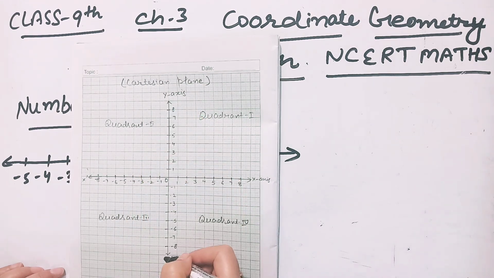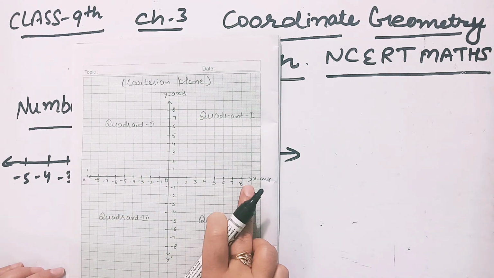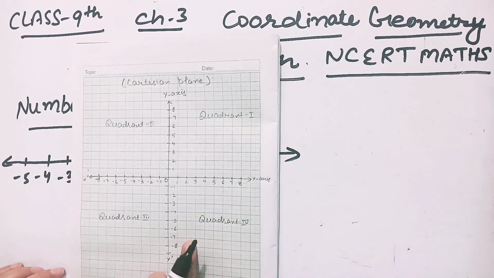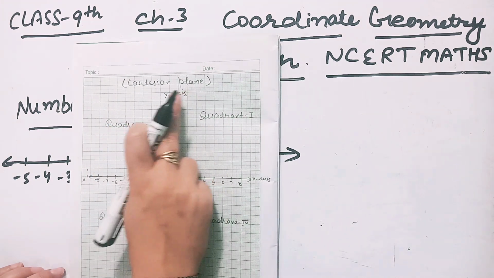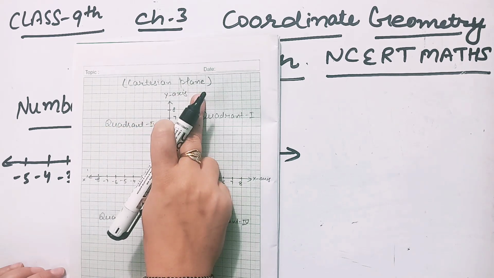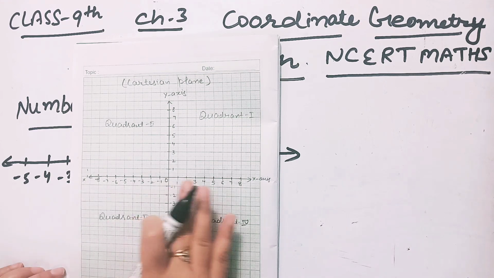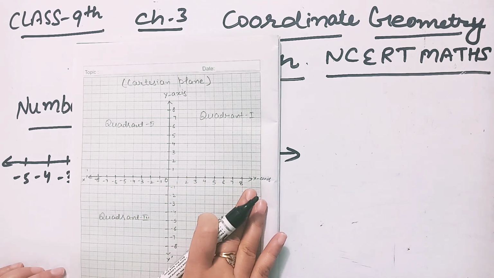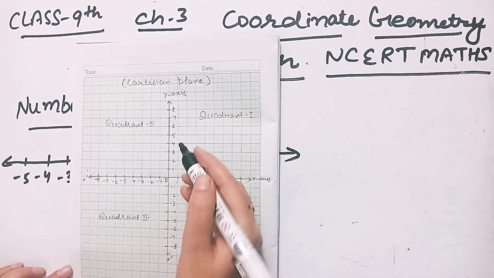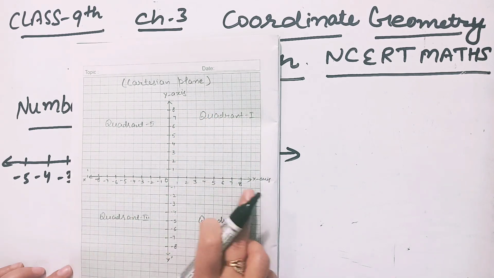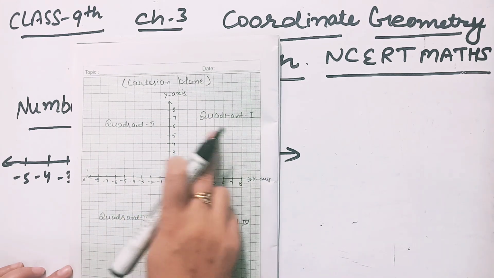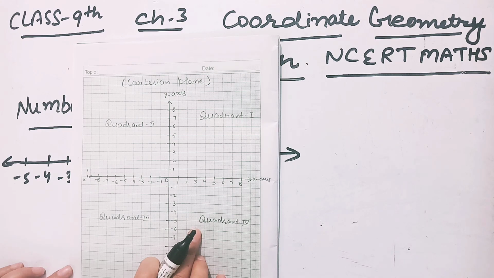Now this vertical line is the y-axis and this horizontal line is called the x-axis, and this plane is called the Cartesian plane. If we show only negative and positive points on a line, that is a number line. And if we show two lines which are perpendicular to each other, then this is called the Cartesian plane.